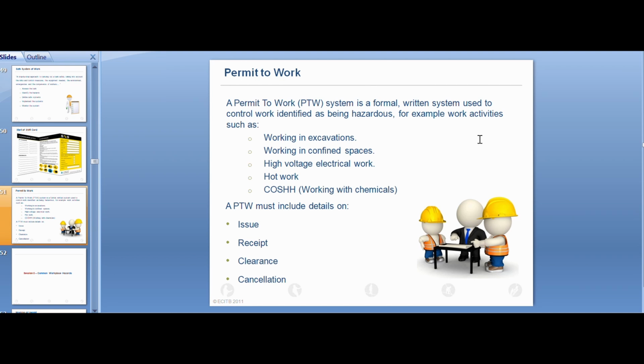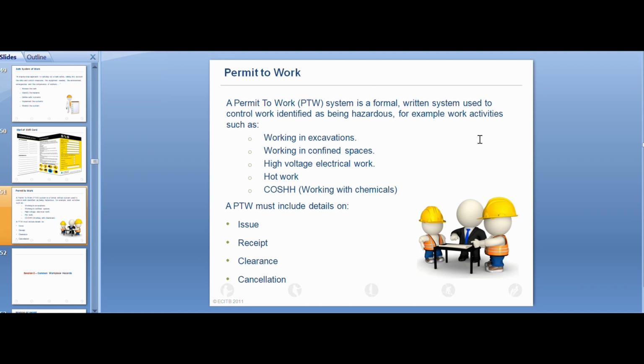For example, work activities such as working in excavation, working in confined space, high voltage electrical work, hot work like cutting, grinding, soldering, welding. If we are doing any of this work, we must take the permit.